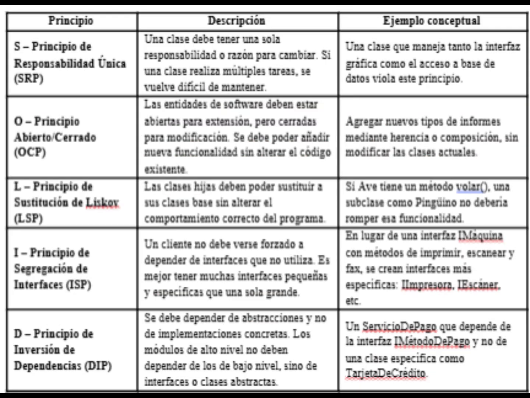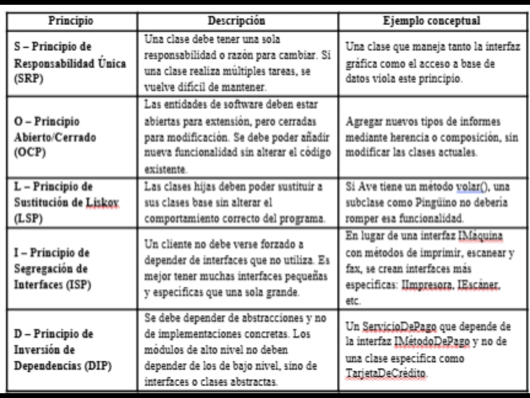For the second question, the explanation of SOLID principles. SOLID principles are five rules that guide object-oriented design. The single responsibility principle states that a class should have only one function. The open-closed principle suggests that code should be extensible without modification.